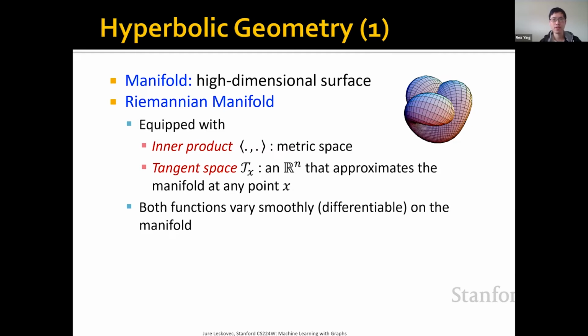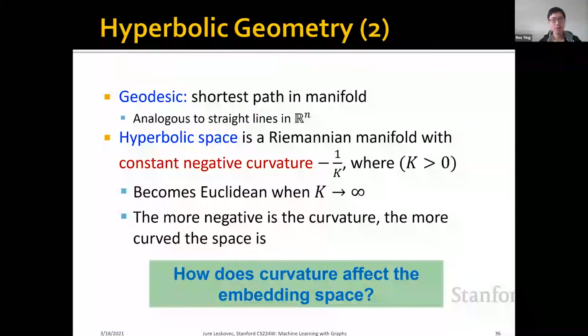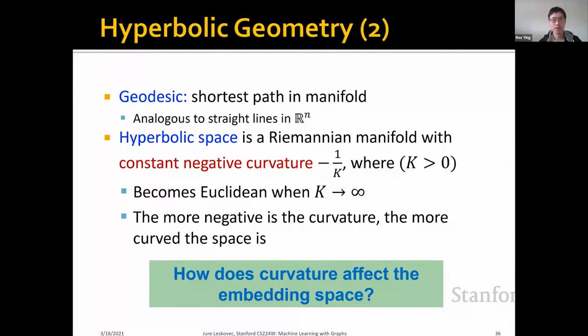You can imagine it is a tangent to the surface at a certain point x, touching the surface at that point. Riemannian manifold states that both the inner product and the tangent space have to vary smoothly, or be differentiable, on the manifold. There are also other concepts that are needed.